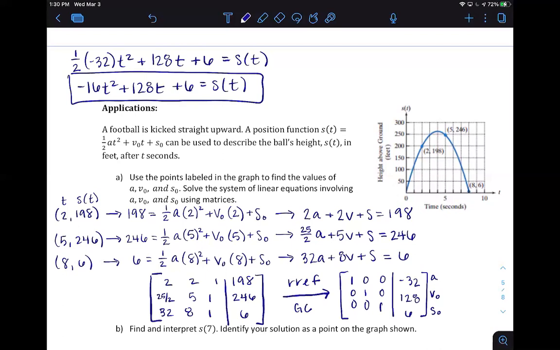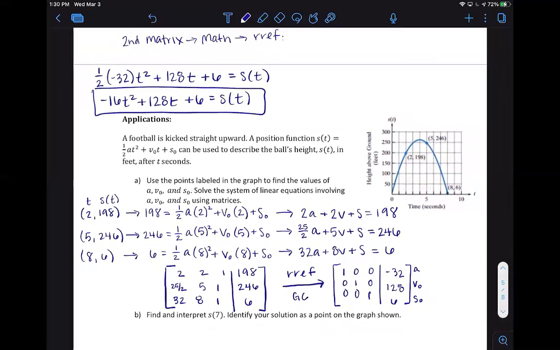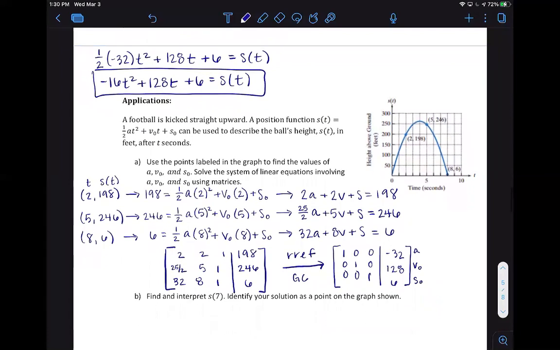So now, looking at part B, find and interpret s of 7. Identify your solution as a point on the graph shown. So if we want to find s of 7, we're just going to plug in what for t? 7. So we have -16 times 7 squared plus 128 times 7 plus 6.